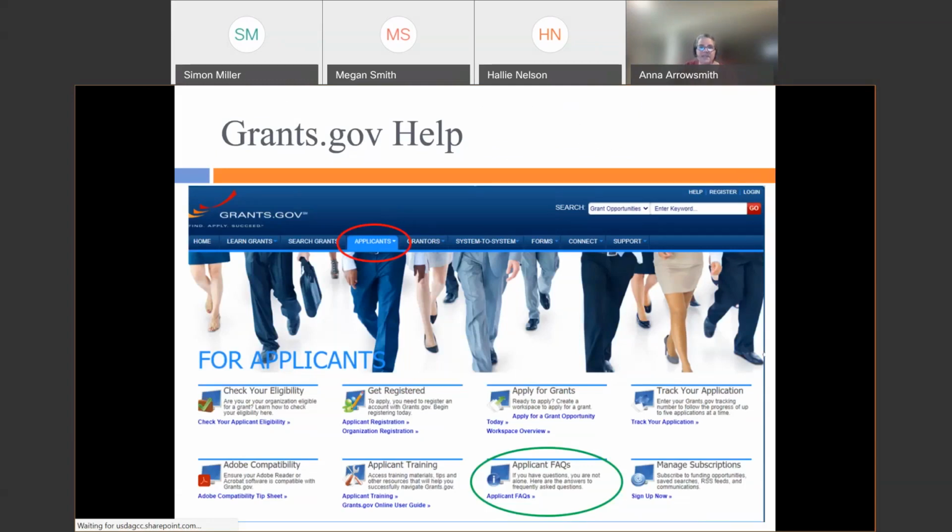You'll also see that this is where you begin the registration process after you have obtained a DUNS number and registered at SAM.gov. And then there's also an option for training on how to use Workspace and submit an application. I have to say this is one of the more helpful help pages that I have seen in quite some time.